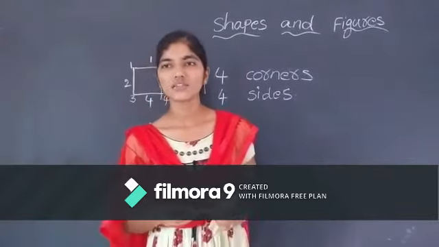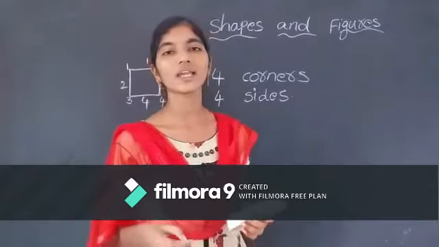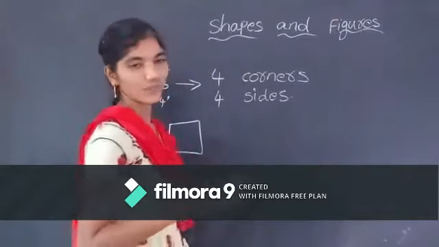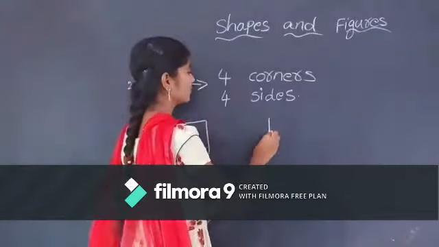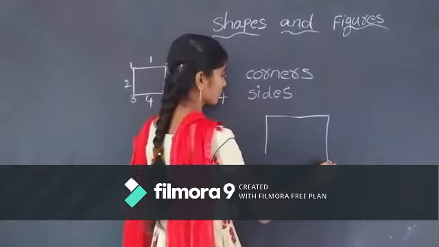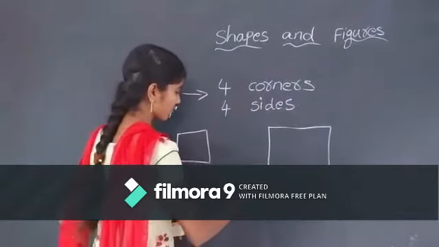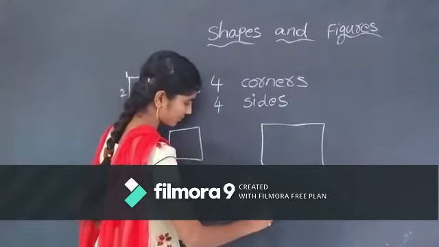Let us now make a square through paper folding. Okay, how to make a square with the help of paper. Now we will take one paper and fold like this. First step, fold the paper like this.